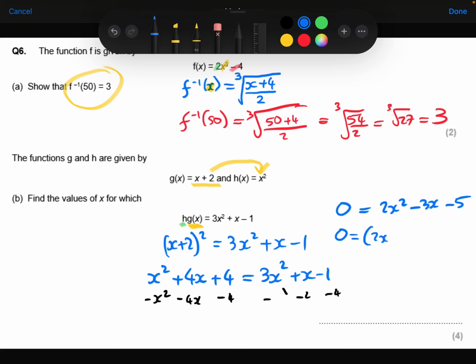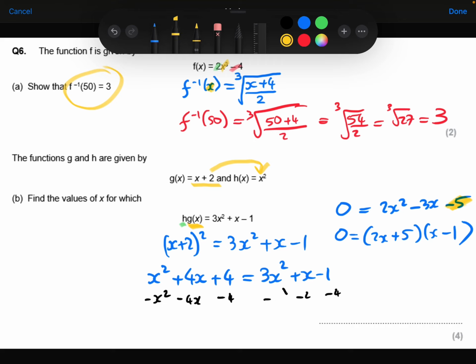So we know we need to have a 2x and an x to get the 2x squared. I know I need a 5 and a minus 1, or a minus 5 and a plus 1. I'm going to guess and say this is going to be a plus 5 and that's going to be a minus 1, and let's see if that works.